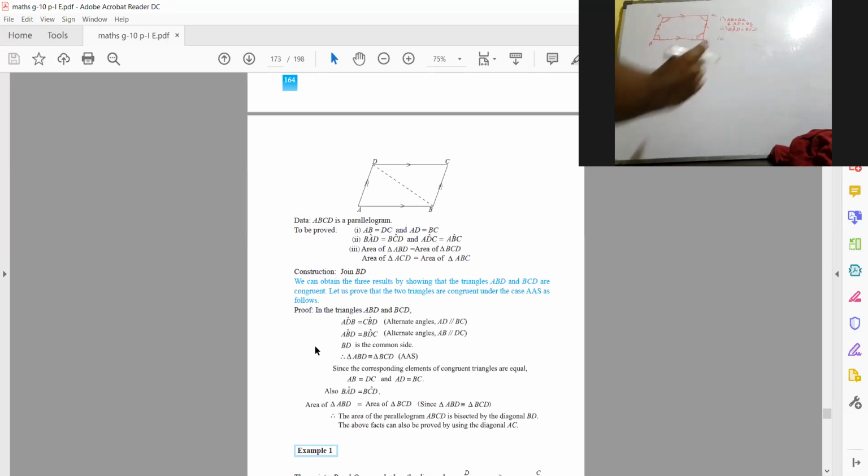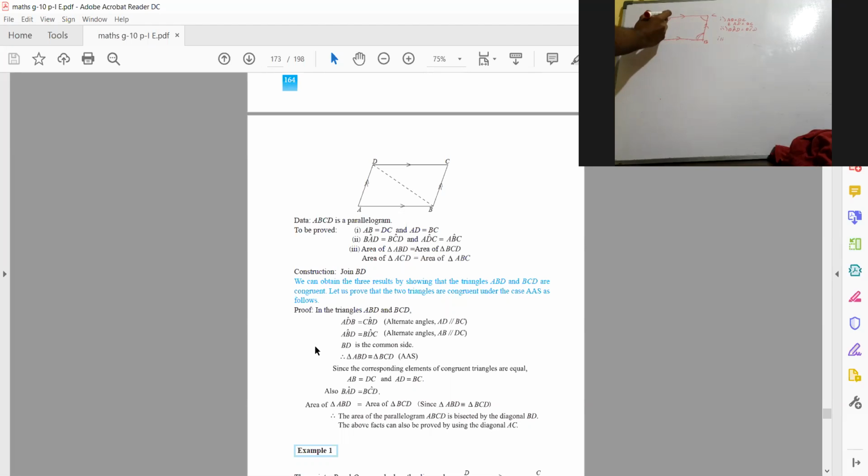And the third property is that the area of the parallelogram is bisected by each diagonal. To prove that, we are doing a construction. In the proof, you must write it as shown in the shared screen in the textbook. Now I'm not going to write it, just going to do the construction. In doing construction, we use dotted lines.